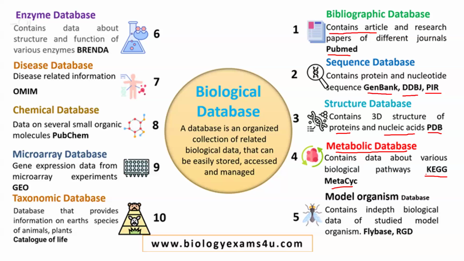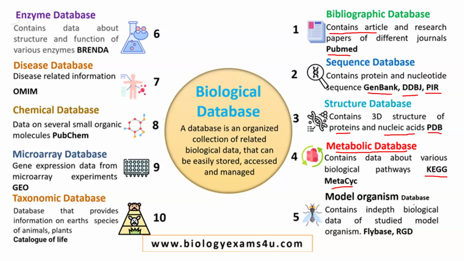These are the examples of two metabolic databases that if you want to identify, like for example, you want to have a metabolic map of carbohydrate metabolism in Escherichia coli, you can go to KEGG or MetaCyc. So these are the examples of database for metabolic pathway.